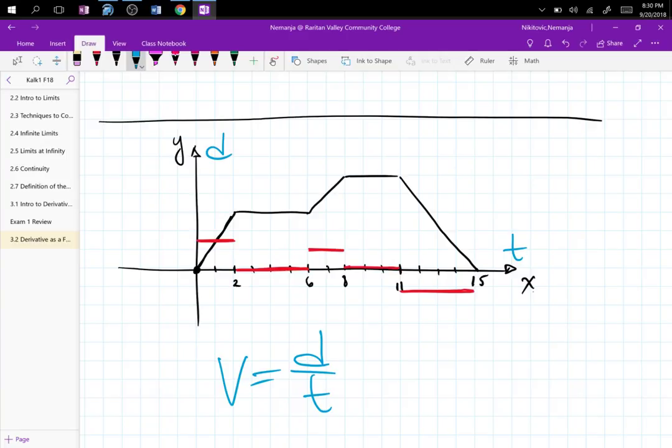So do you see that for the first 2 minutes, you have some change in distance, right? And then what happens here? It's a constant velocity. Actually, maybe acceleration would be better to understand.